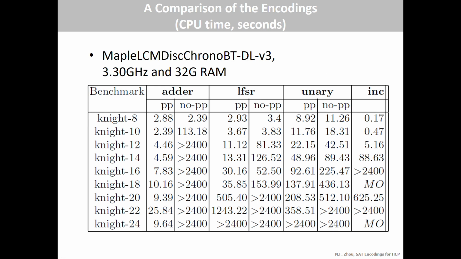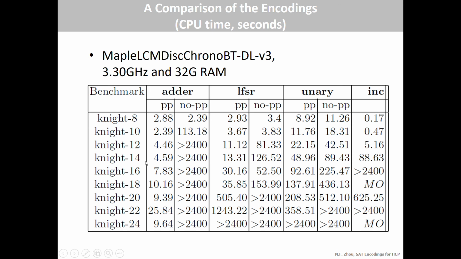This table compares the encodings on runtime, solving time. Interestingly, the binary add encoding performed poorly without pre-processing. However, with pre-processing, the binary add encoding solved all these instances very quickly.